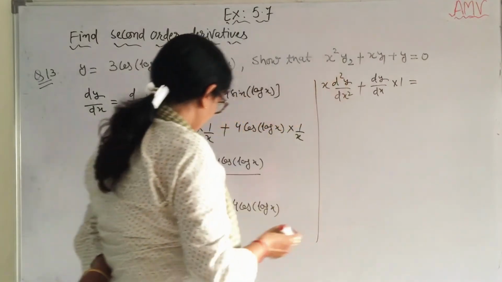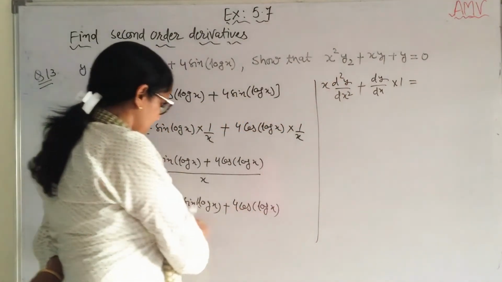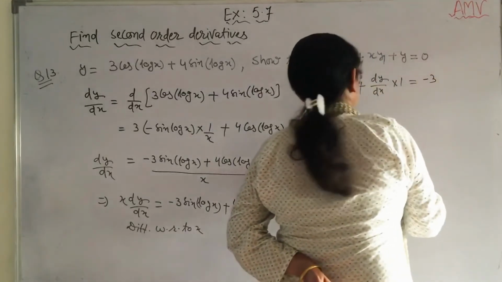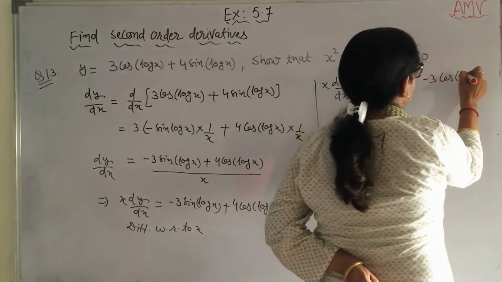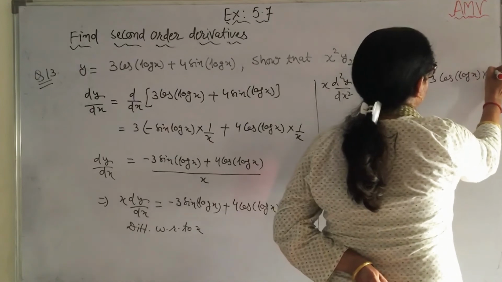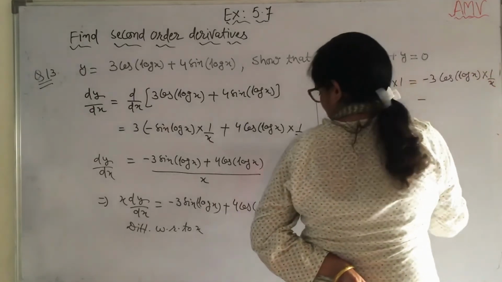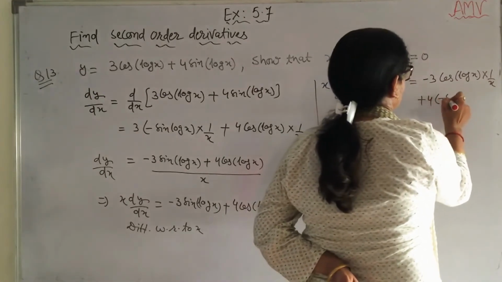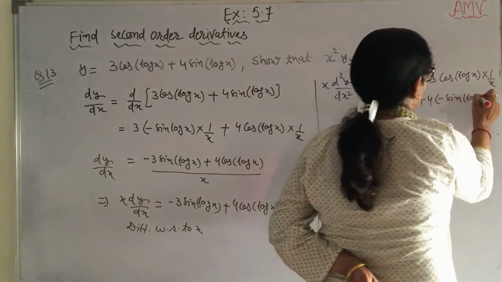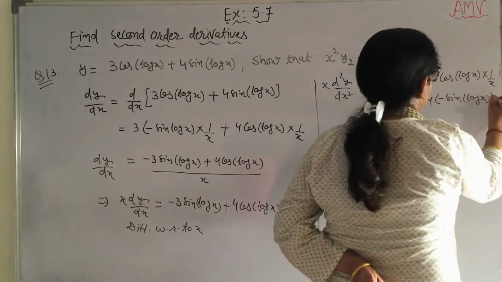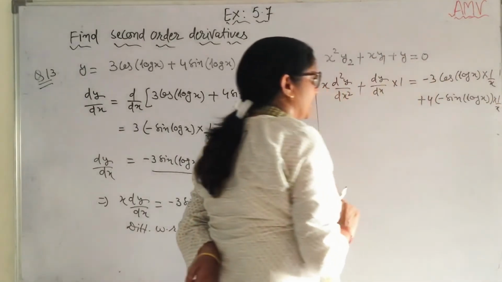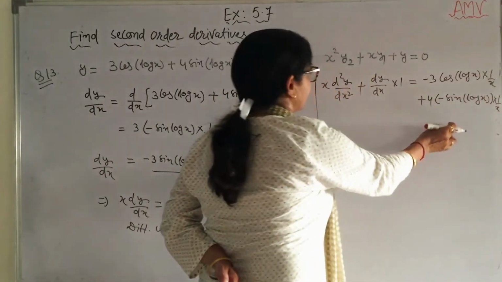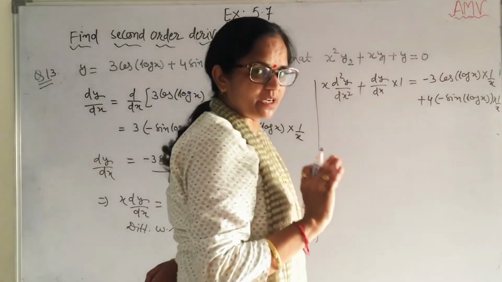Okay. And on the right hand side the derivative is minus 3 and cos log x, the derivative of log x is 1 by x, then plus 4 as it is, and here minus sin log x, and the derivative of log x is 1 by x. And again here it is x in the denominator, we can do cross multiplication.